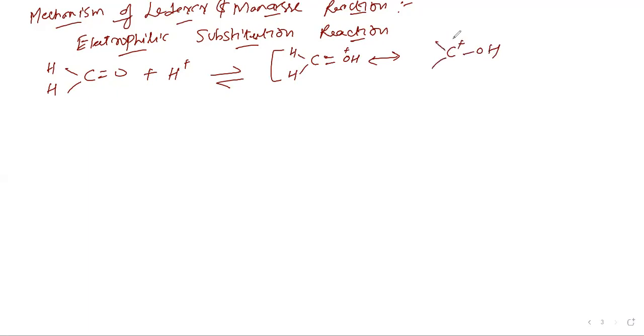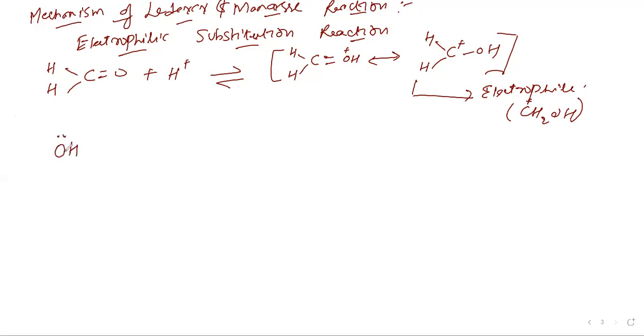It has two resonance forms, right? Now you can see you have a positive charge on the carbon atom. So this is an electrophile in the Lederer-Manasse reaction. Now this CH2OH, you can write it like this, CH2OH, which is an electrophile. It has a positive charge, right? And it will attack the ortho and para positions of the phenol molecule.